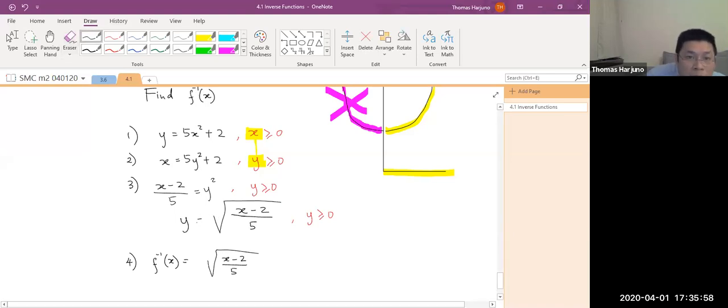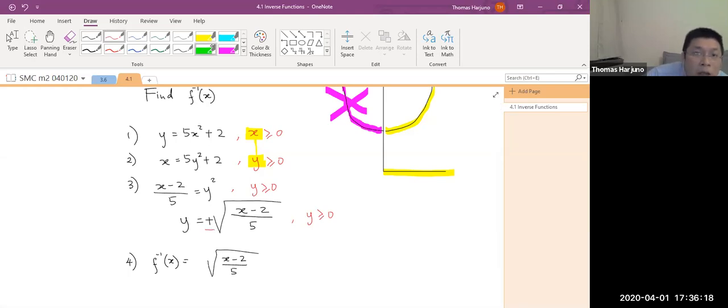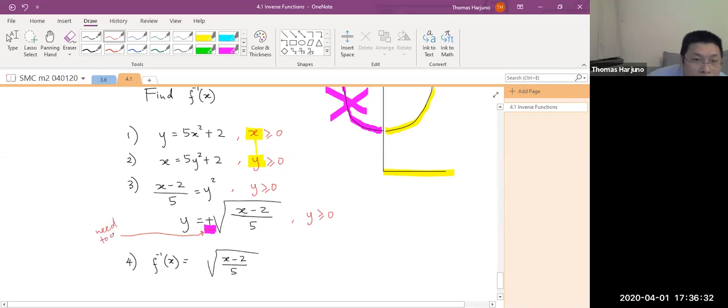I just use the positive branch, which of course we can omit from our notation. The square root without the plus sign in front of it means the positive branch. Okay, let me write that negative branch there, and then I put this notation here, and I say we need to cross out the negative part.